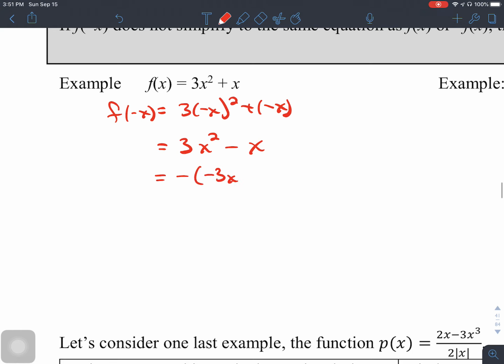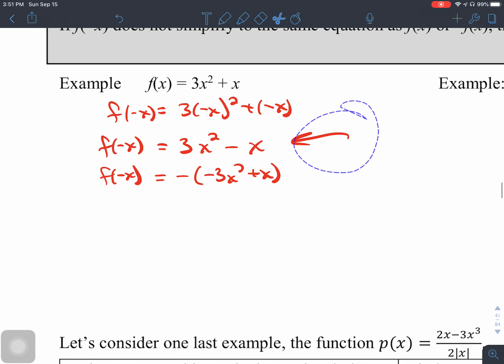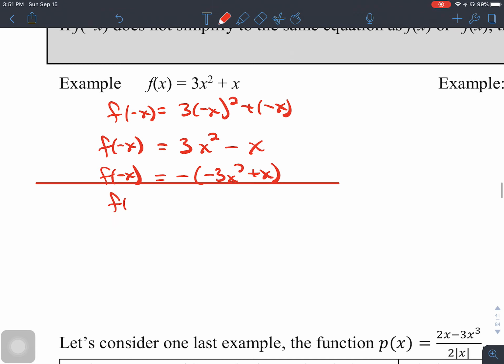If we factor a negative out of it, is that going to be the same as the original? Is either of these the original or the original with a negative out in front? No, neither is. So what could we say? If we want to be thorough, we would say that f of negative x is not the same as the original.